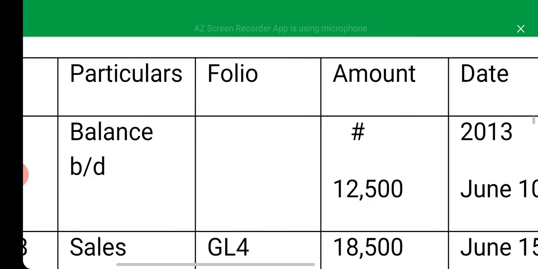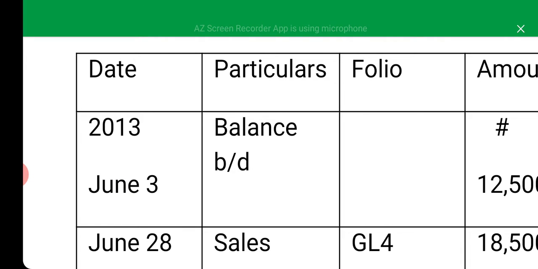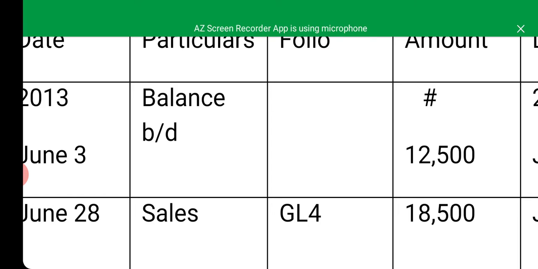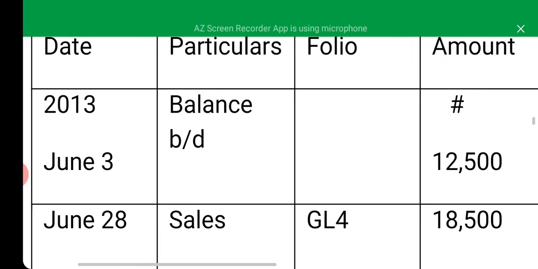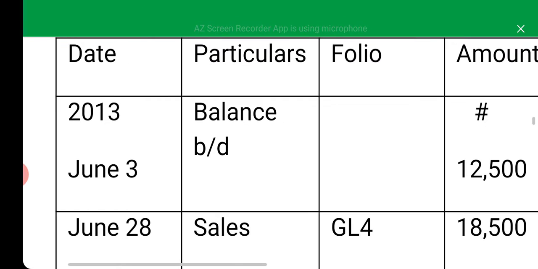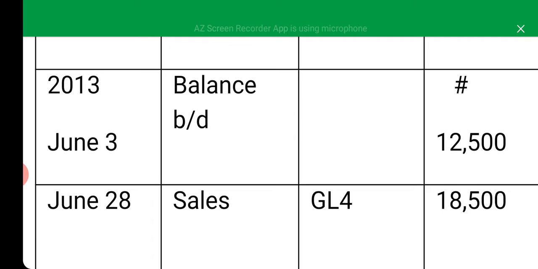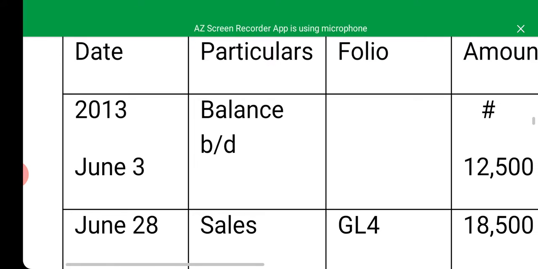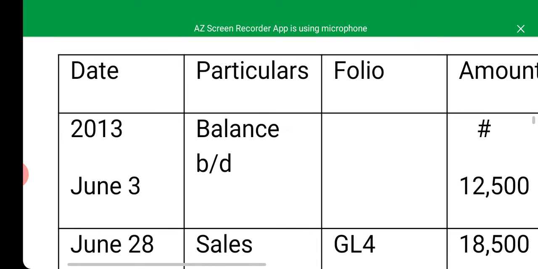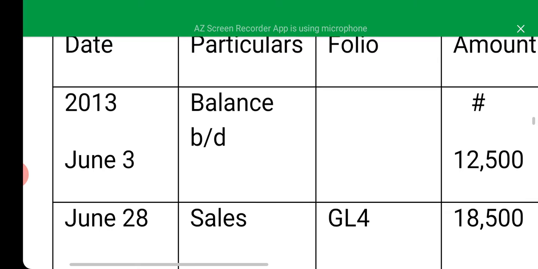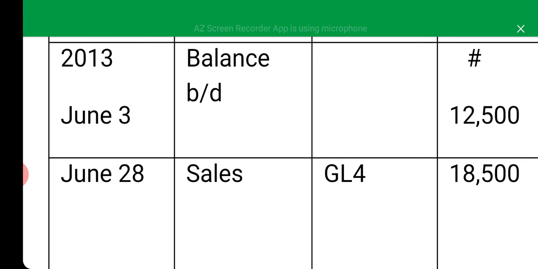So in O Asabi's book here, the business commenced on June 3, 2013, and the balance brought forward is 12,500. So this balance brought down might be the cash in hand with Asabi or the cash remaining at the bank. 12,500. BDA means brought down.